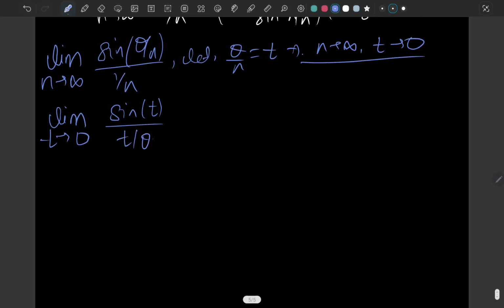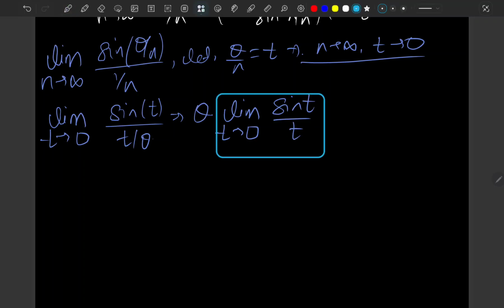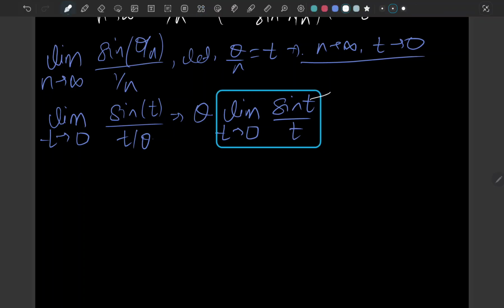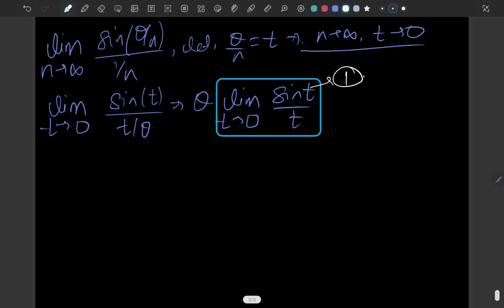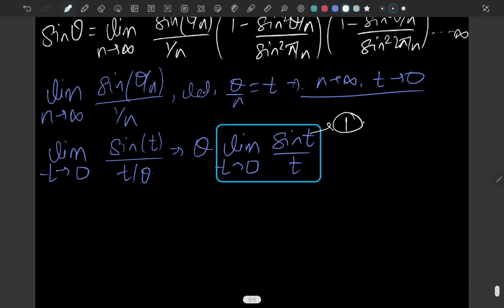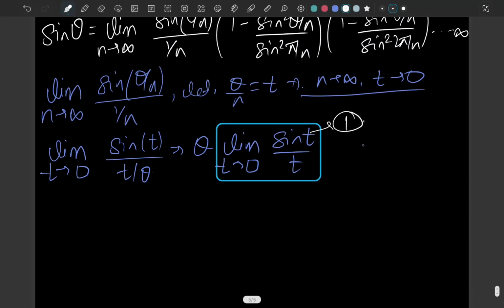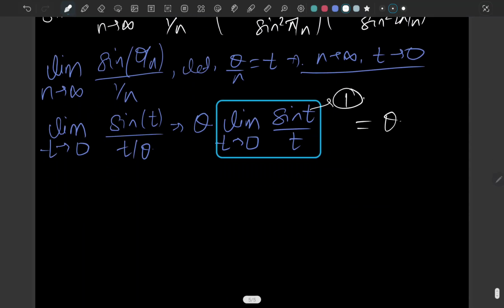So that gives us theta times the limit as t tends to 0 of sine of t over t. Again, this is an important identity which we talked about in one of my latest videos, and it is 1 by L'Hopital's rule. So this limit evaluates to theta.